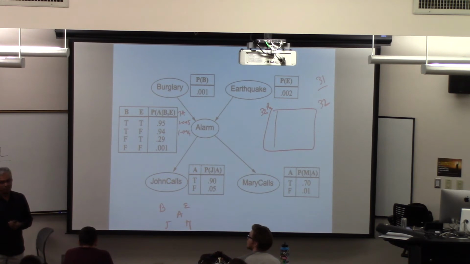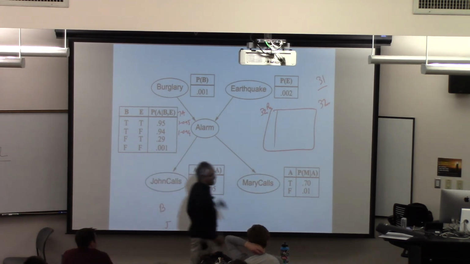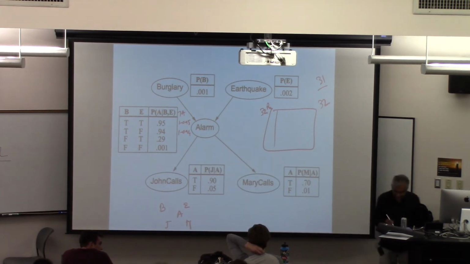The last thing before I shift to the later part is that in essence you will understand when you come back next class that what the Bayes network is capturing is a set of conditional independence assertions.